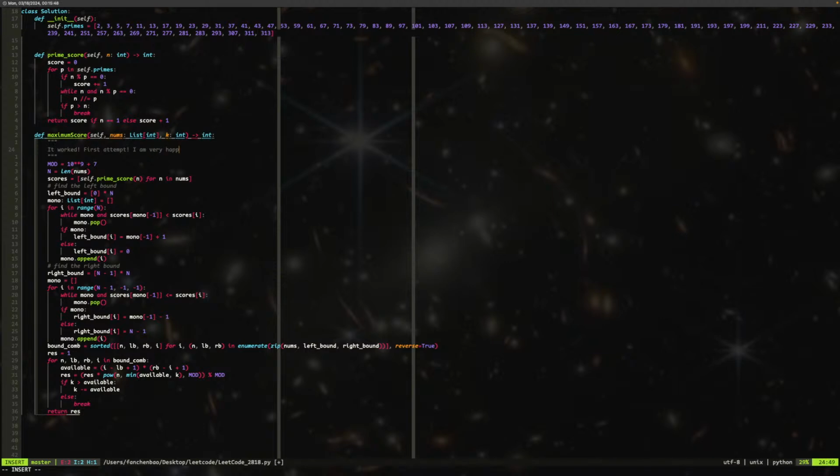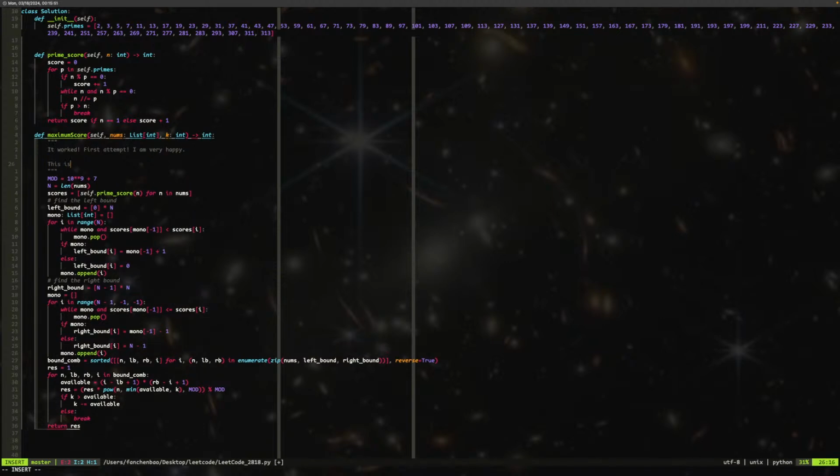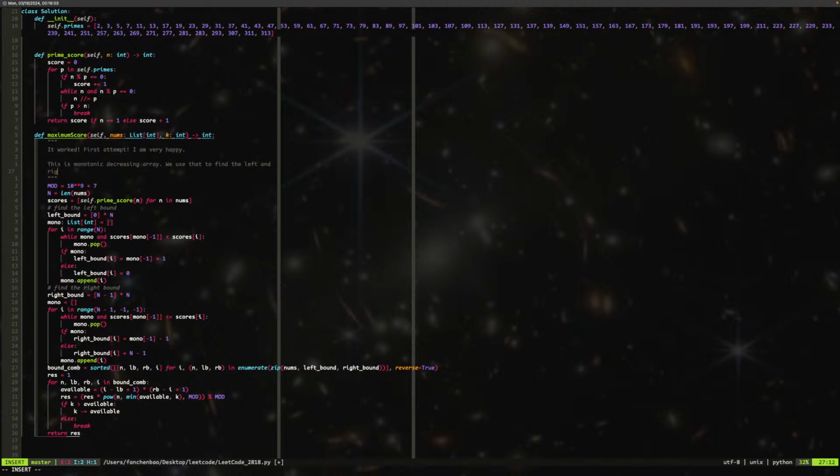I'm very happy. This is a monotonic array. Decreasing array, actually, right? We use that to find the left and right bound that each number can extend.